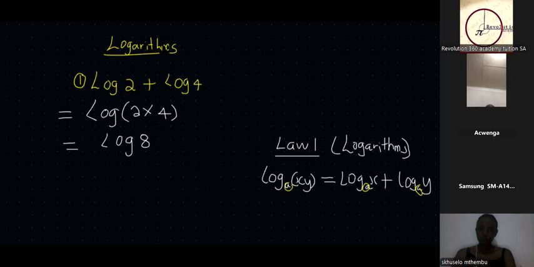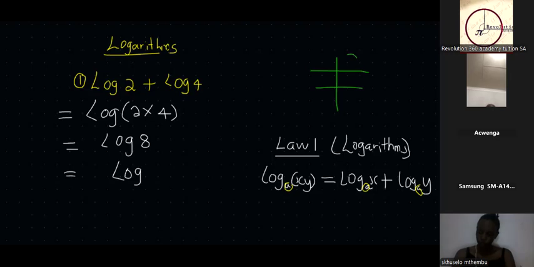The other thing that you'll do from here is that you have log of 8, so we're going to change that 8, writing it in exponent form. If you don't have a calculator, you use the fishbone method that I'm showing you. You write 8, and then you divide it by 2. 8 divided by 2, you get 4.